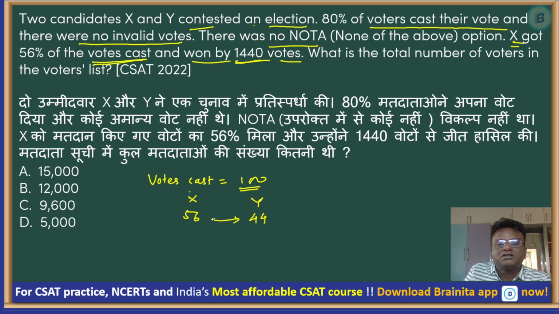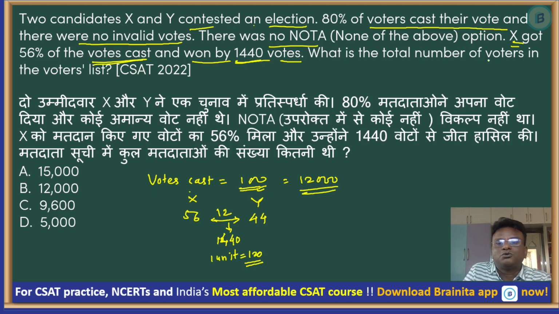So whatever this difference was, the value of that was 1440. This difference is 12 units. 12 units value is 1440. So 1 unit is equal to 120, right? So if 1 unit is 120, 100 units is equal to 12,000. So these were the number of votes cast, right?